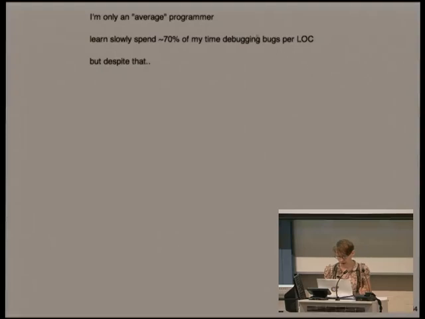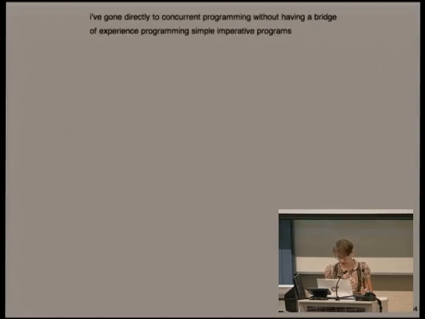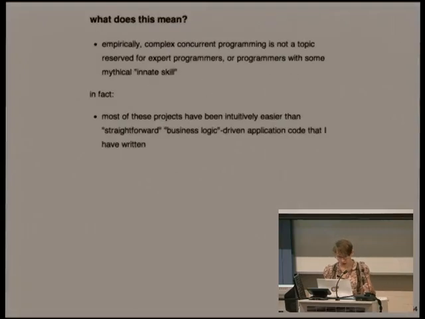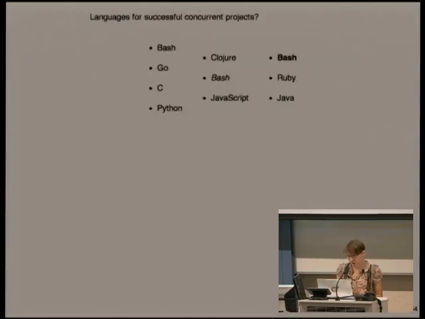My bugs per line of code is astounding, but despite that, I started doing programming for work and went directly to doing concurrent programming without really a bridge of experience writing simple imperative programs. And actually, most of those projects are intuitively easier for me than writing straightforward code that simply manipulates business logic sequentially. So I think it's really an issue of how people have been educated to program.